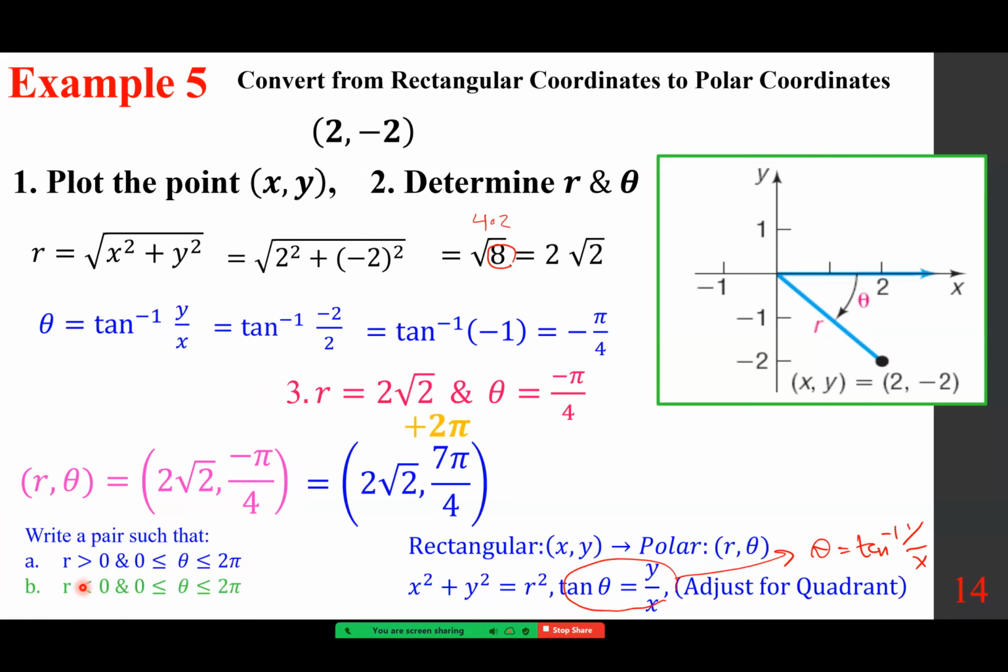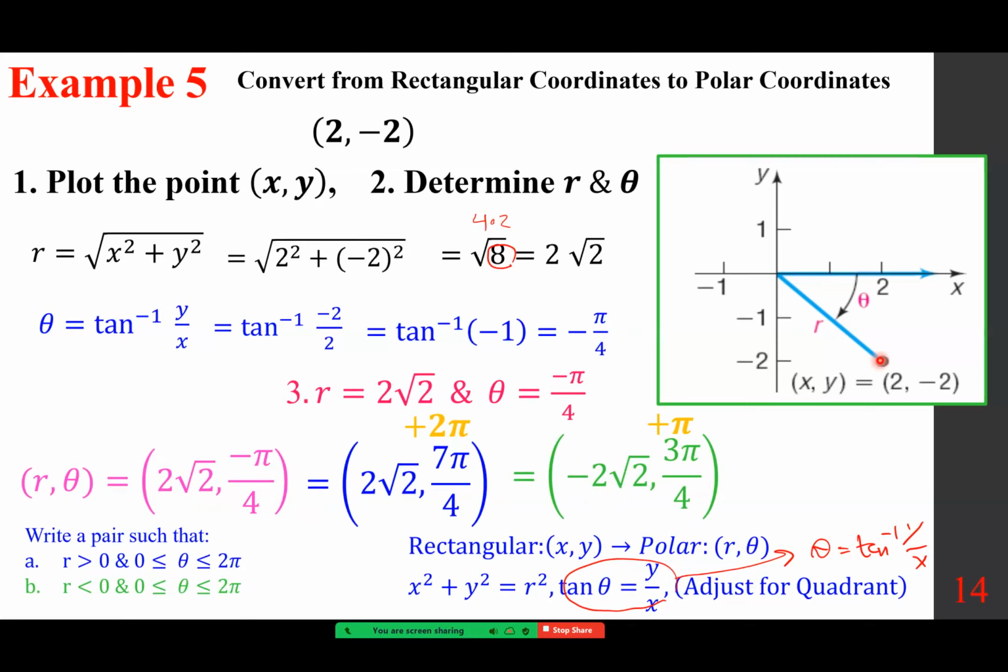The second case wants to make r negative. So let's make this one negative, and then we have to add a pi. When you add a pi, you get 3 pi over 4. So you make the r negative, you add a pi, and negative pi over 4 changes to 3 pi over 4. So they all represent the same point.